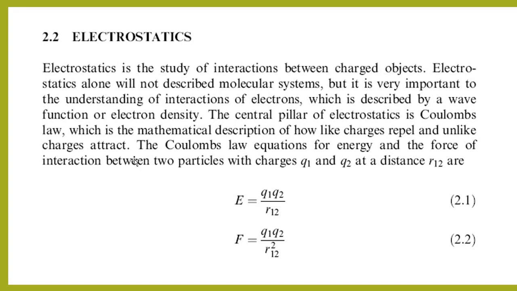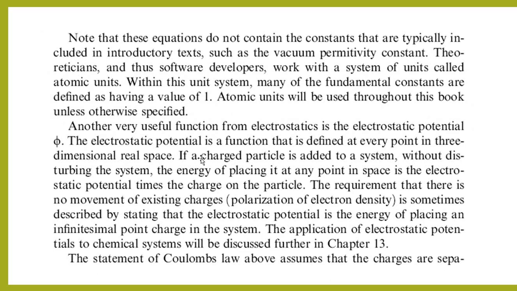The Coulomb's law equation for energy and the force of interaction between two particles with charges q1 and q2 at a distance r is: E is equal to q1 q2 over r, and F is equal to q1 q2 over r squared. So these equations do not contain constants such as the vacuum permittivity constant.